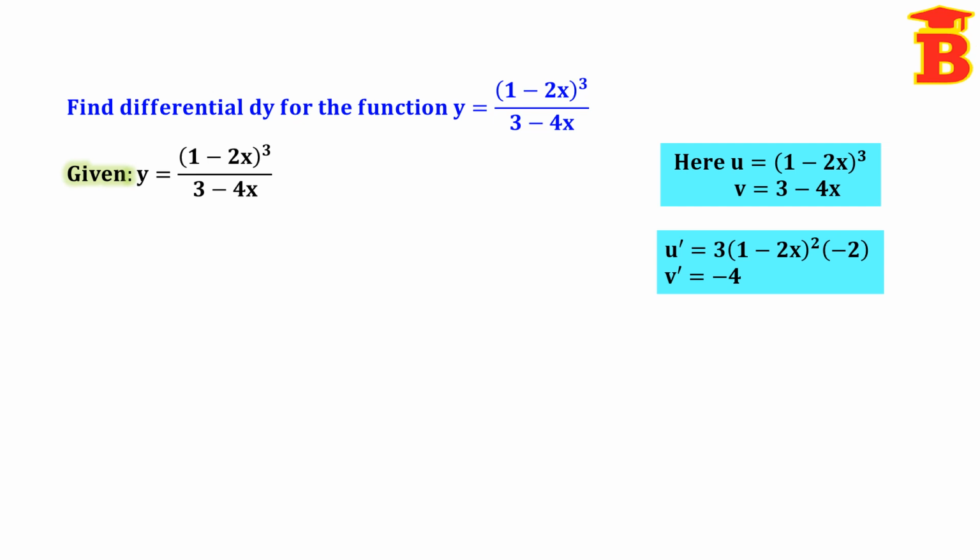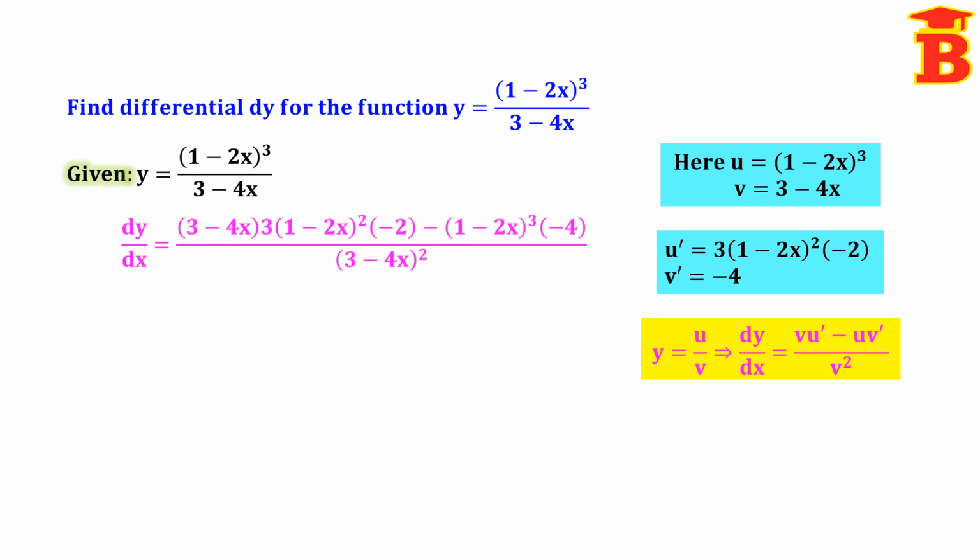Now we know the formula for u by v. If y equal to u by v, then dy by dx equal to v u dash minus u v dash divided by v square. So apply the formula here. Dy by dx equal to v u dash, v is 3 minus 4x, into u dash.